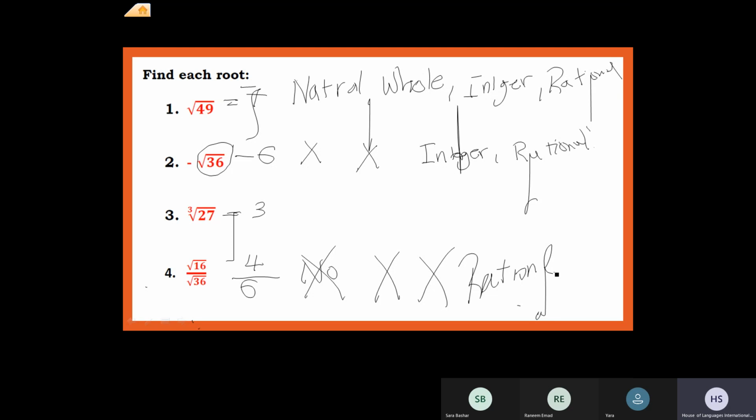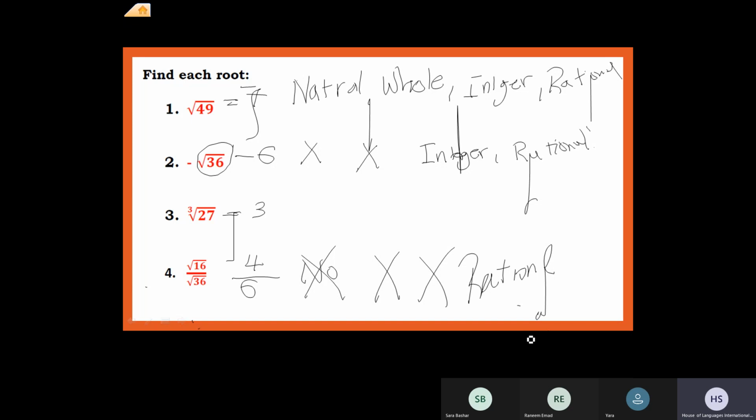Whole, natural, rational, is all of them. But you have to know that when you study, 1, 2, 3 are natural.